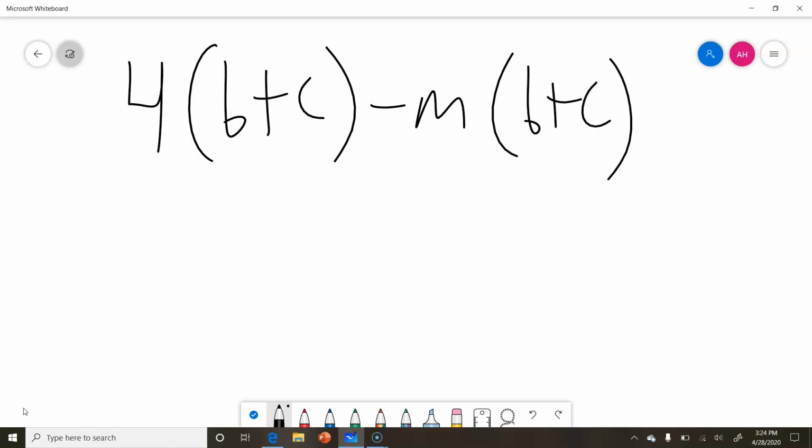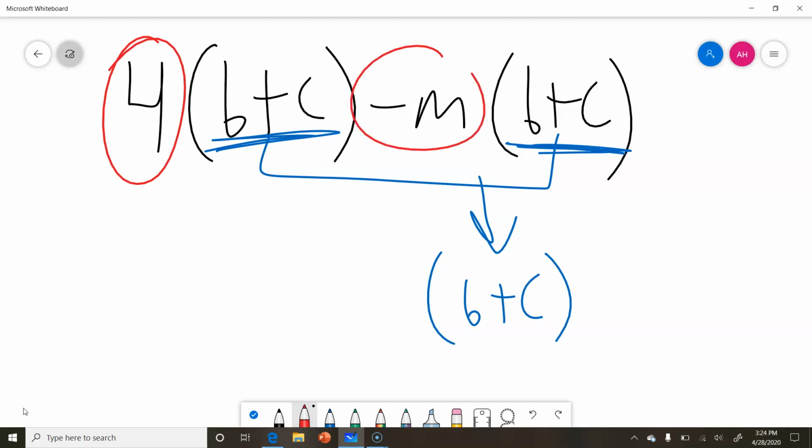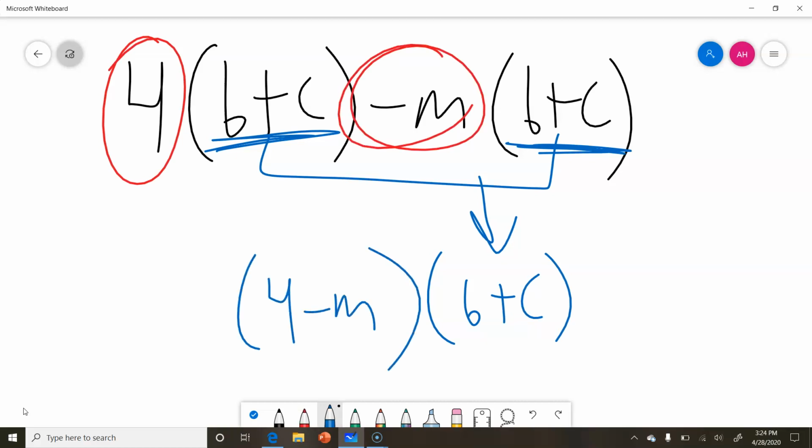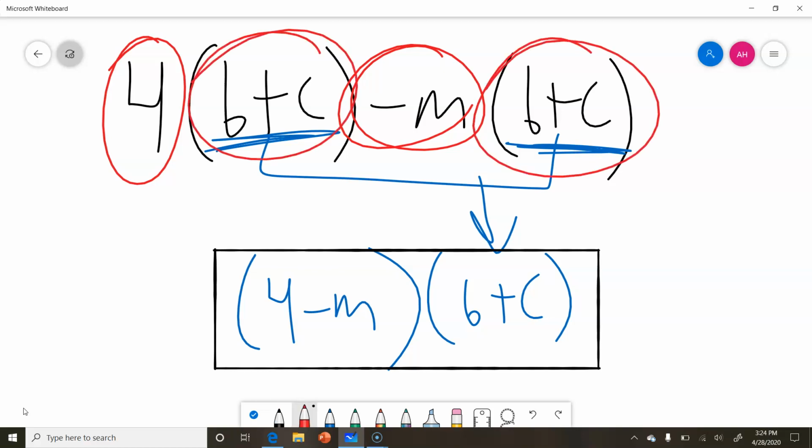This is reviewing a different concept we learned: if what's in the parentheses is the same, we just bring them together and write it as b plus c. Then we combine the 4 and the m to get 4 minus m times b plus c. That's a little bit of an easier one, different review. When these are the same, we just combine them.